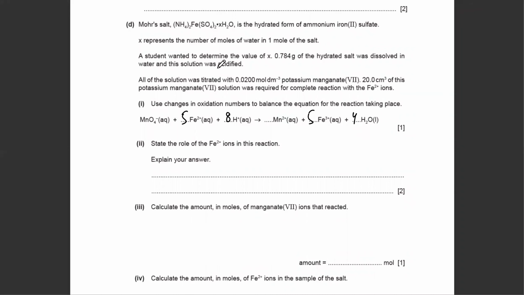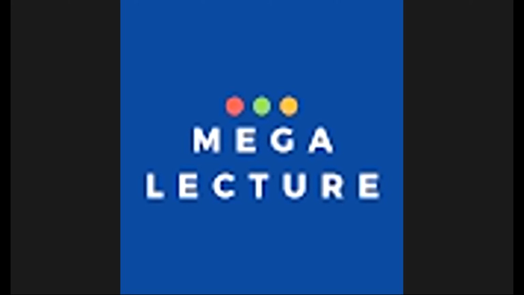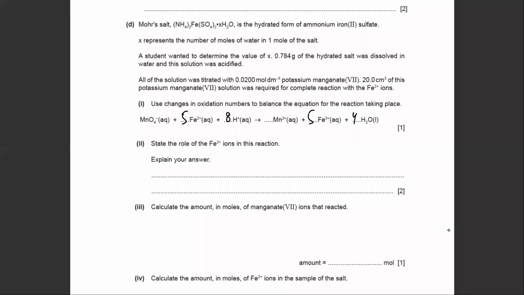So the very first thing is, we know the mass he's using. He's using 0.784 grams. Now the question is, what is he doing with it? So it is dissolved in water and the solution was acidified. So he makes it into a solution.